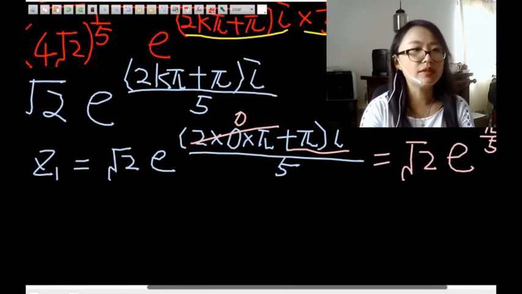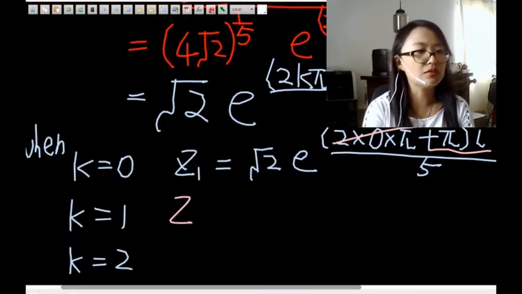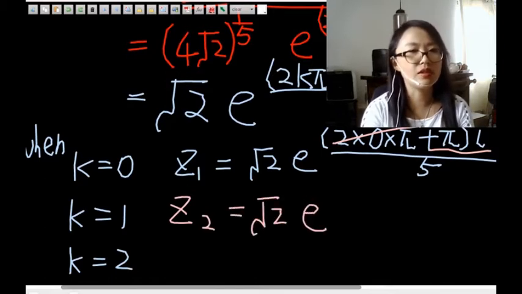Okay? We're going to follow the same thing to find root 2. In this case, you're just going to replace k by 1. Okay, everything else remains the same.